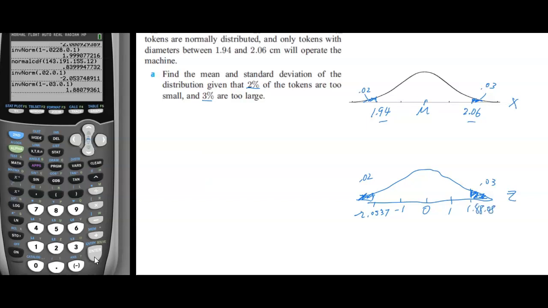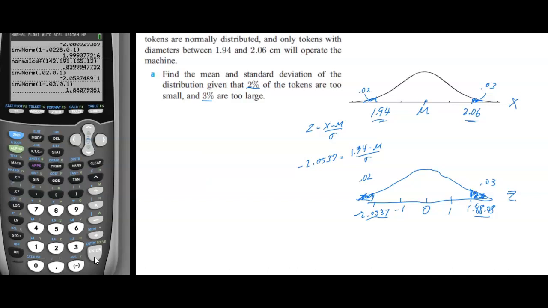Okay, now what we can do is take our formulas and relate these numbers, right? We're going to do z equals x minus mu divided by sigma. So that would be the z value, negative 2.0537 equals 1.94 minus mu divided by sigma.